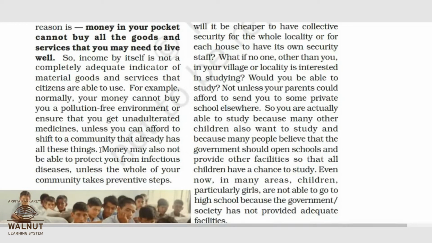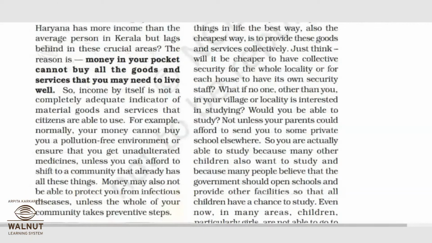For example, normally your money cannot buy you a pollution-free environment or ensure that you get unadulterated medicine unless you can afford to shift to a community that already has all these things. Money may also not be able to protect you from infectious diseases unless the whole of our community takes preventive steps. All right, you can stop.